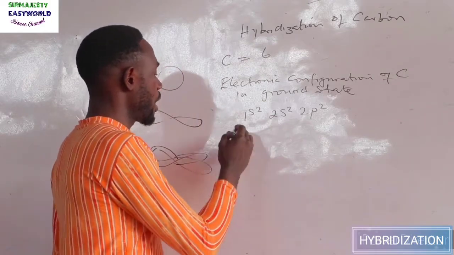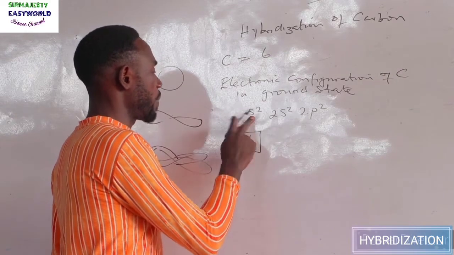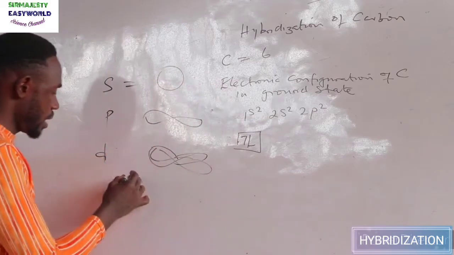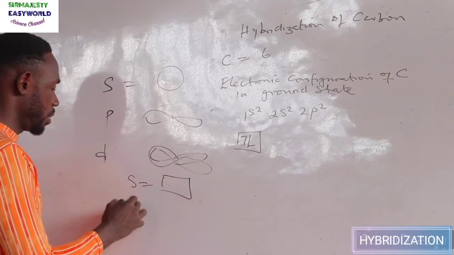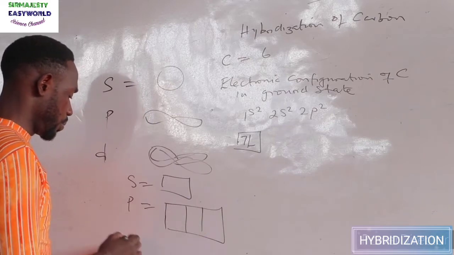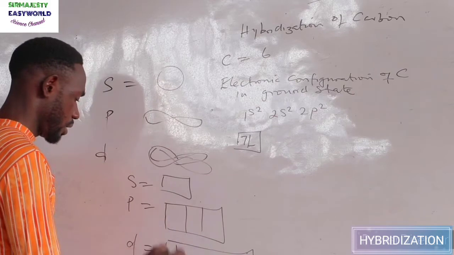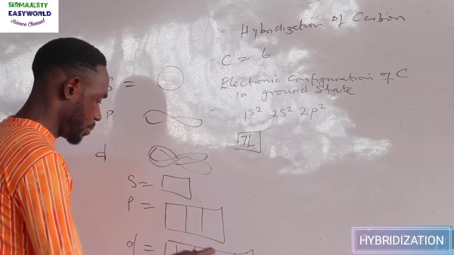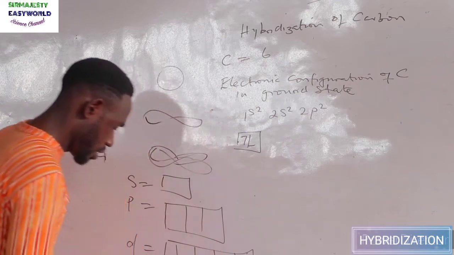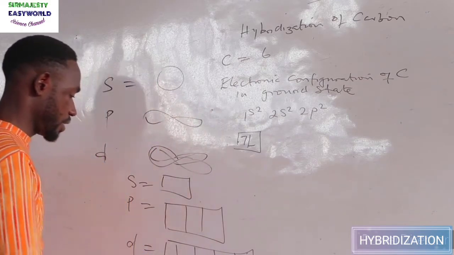Okay, let's proceed. Having seen this, we are now converting it into lobes. Remember that the s orbital has one lobe. P has 3 degenerate orbitals or lobes. Then d has 5, and f has 7.